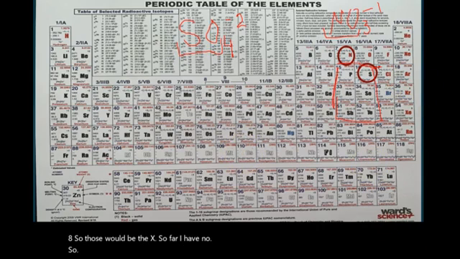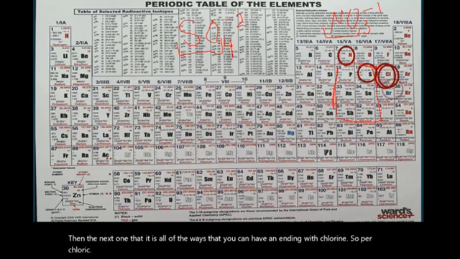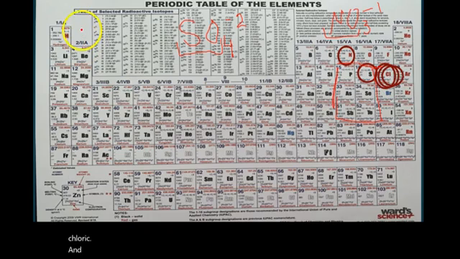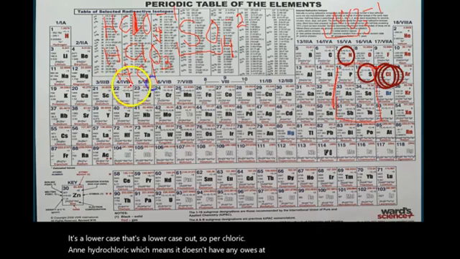Then the next one is all of the ways that you can have an ending with chlorine. So perchloric, chloric, and hydrochloric. So perchloric is the H with the ClO4. That's an L, that's a lowercase L. So perchloric, chloric, and hydrochloric, which means it doesn't have any O's at all because it got to keep the hydro.